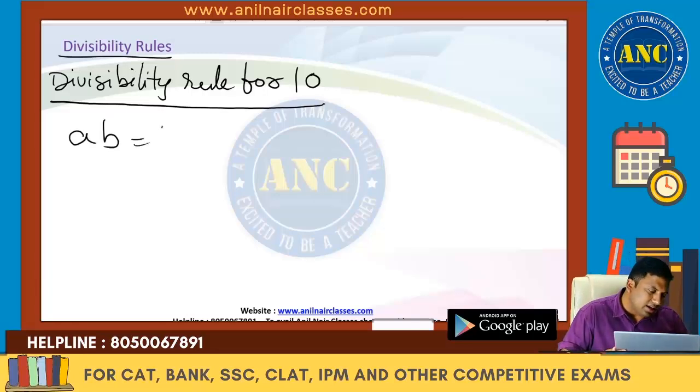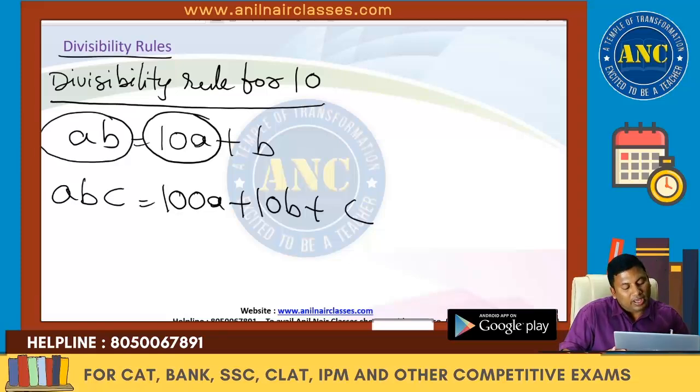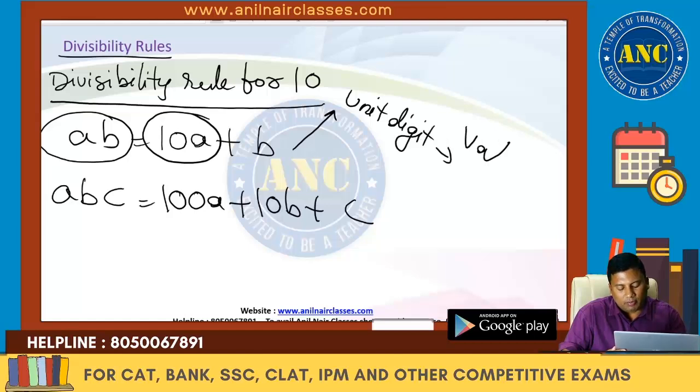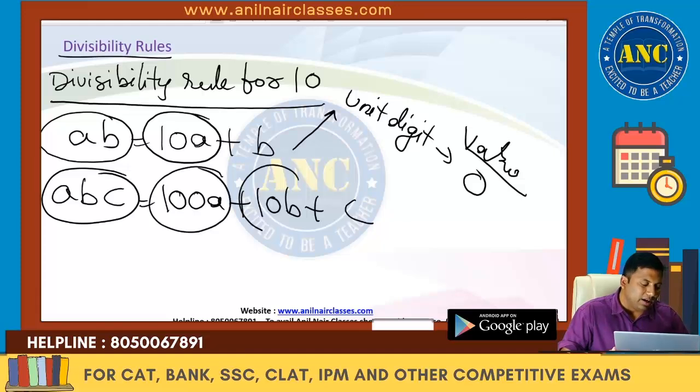AB, A is there in the tens place, so 10A plus B. If I take a 3-digit number, A is there in the hundreds place, 100A plus 10B plus C. If AB is divisible by 10, 10 into any number is divisible by 10, so B should be divisible by 10. That means B can take only the unit digit value 0, because any number multiplied by 10 has unit digit 0. If this is divisible by 10, the unit digit value should always be 0.